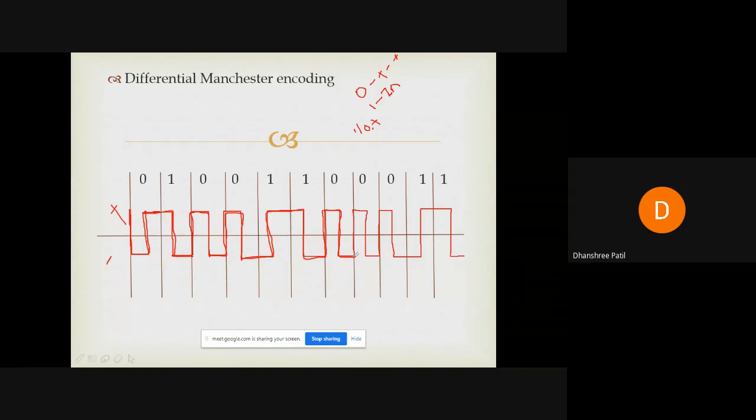Any doubts? No, ma'am. Everyone got it clearly? Yes. Yes, others.